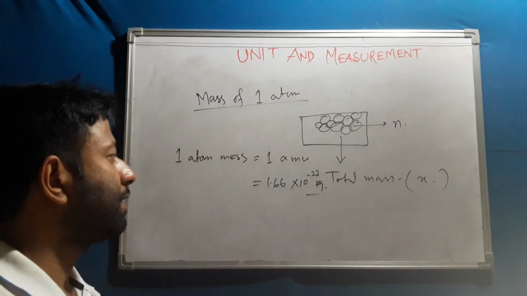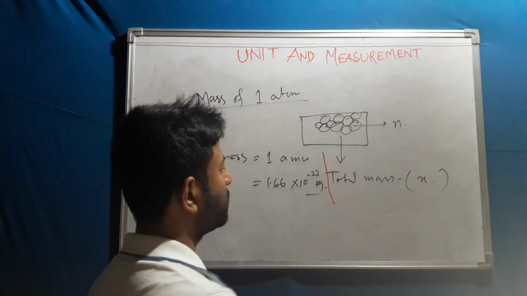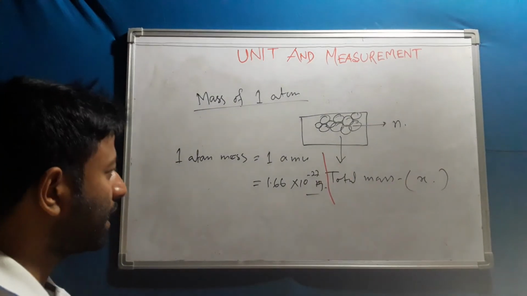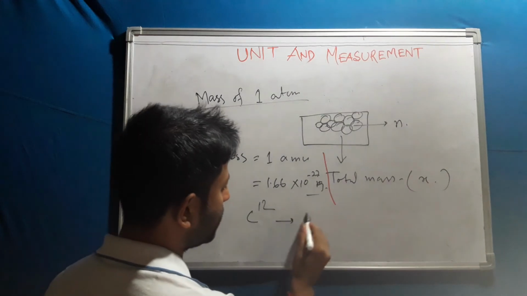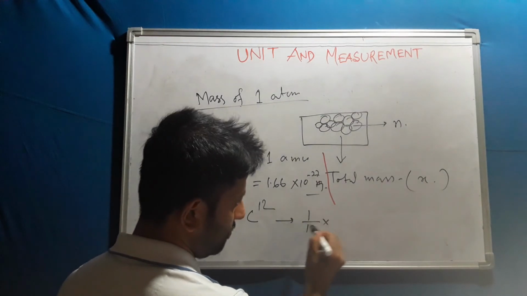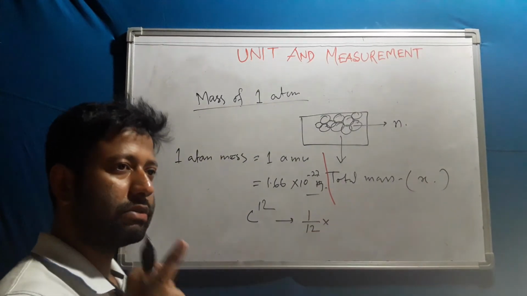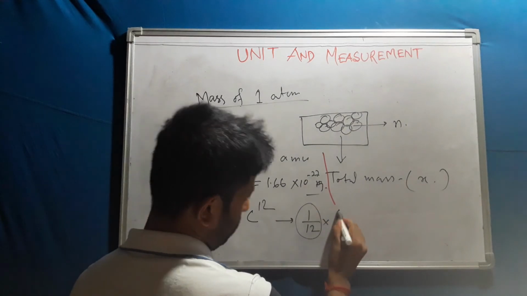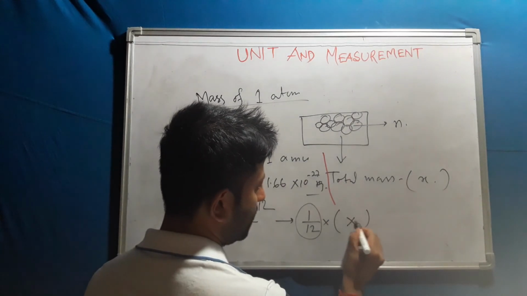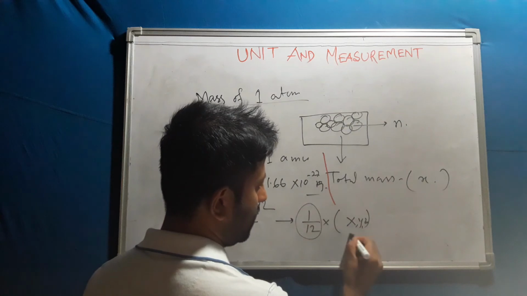Okay. And how did they decide this one atom? Actually, they have considered the C12 isotope, and they divided it into 12 parts, and one part among the 12 they have taken, and they have considered any other atom. It may be X, Y or Z, whatever the atom.